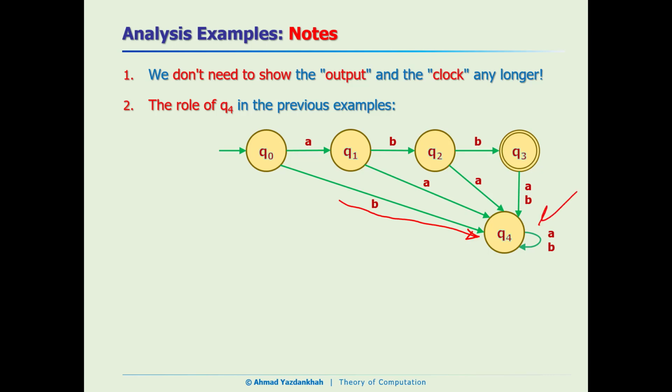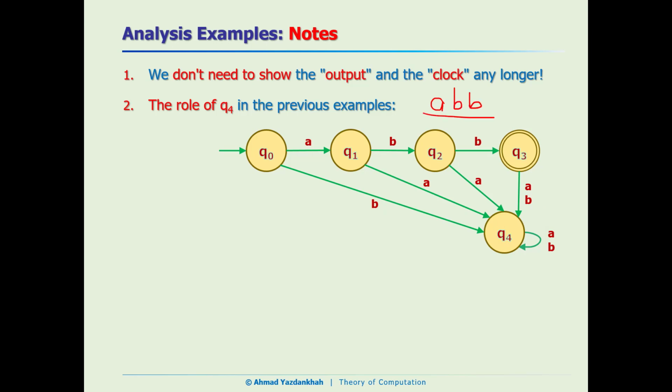So why should we use this? When we want to reject some strings, we send the flow of the processing to this trap. For example, for this machine that only accepts A, B, B, we already know that.